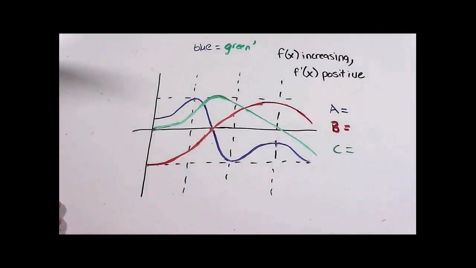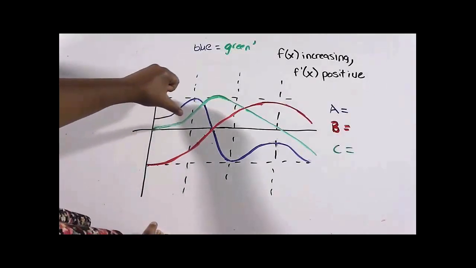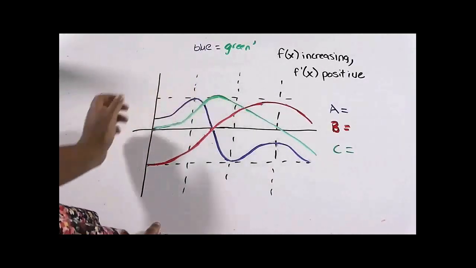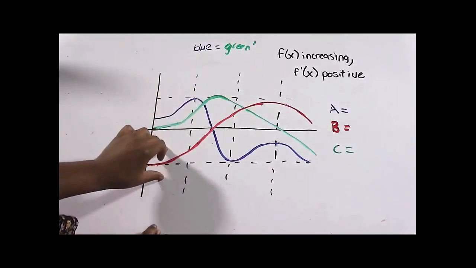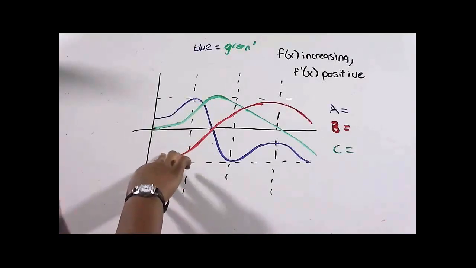Just to be sure that the red function is not the derivative of the green one, let's just check. We know that while this graph is increasing, its derivative should be above the x-axis. The red function is below the x-axis, so we know for sure that the red function is not the derivative of the green function. So let's see if the red graph is the derivative of the blue function.